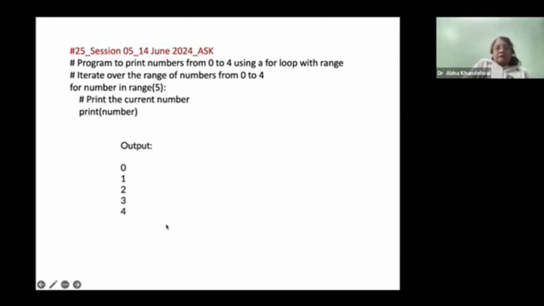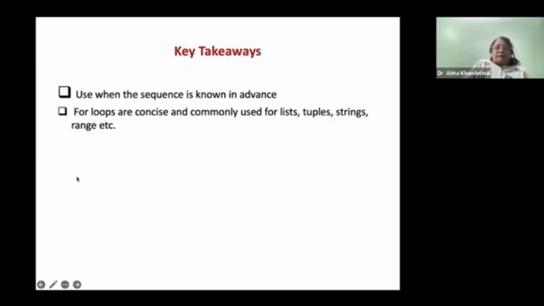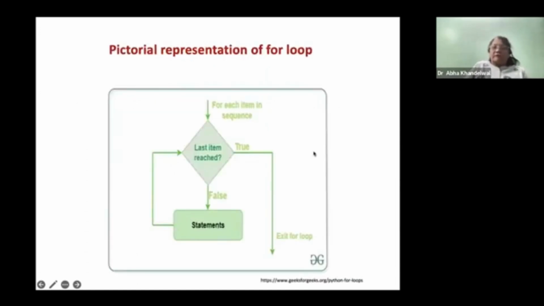So if you write only a single digit, then it is the number of iterations. Now, key takeaway: use when the sequence is known in advance. For loops are concise and commonly used for list, tuple, string, range, etc. So now you are very much familiar with this.